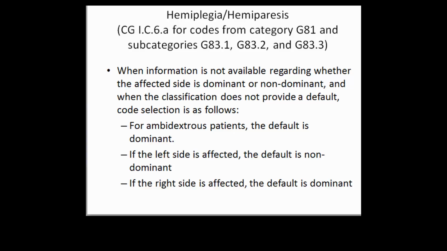And this guideline tells us when information, in other words the medical record documentation, is not available regarding whether the affected side is dominant or non-dominant, and the classification, which is the code, does not provide a default, this is how you select your code. If the patient is ambidextrous, the default is dominant. If the left side is affected, the default is non-dominant. If the right side is affected, the default is dominant.